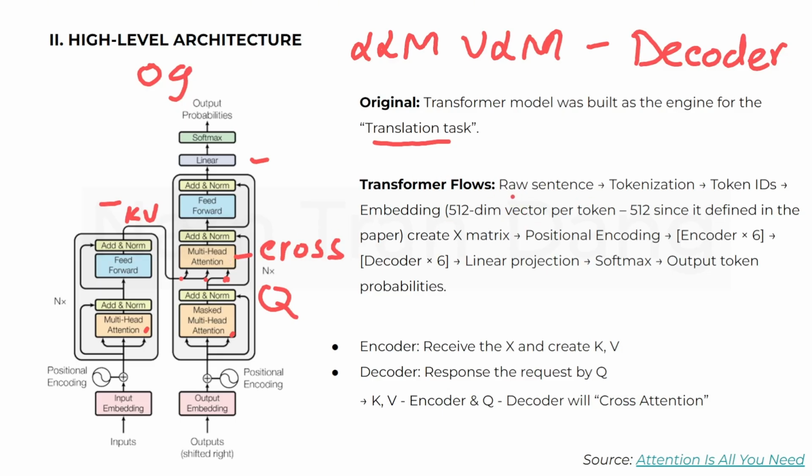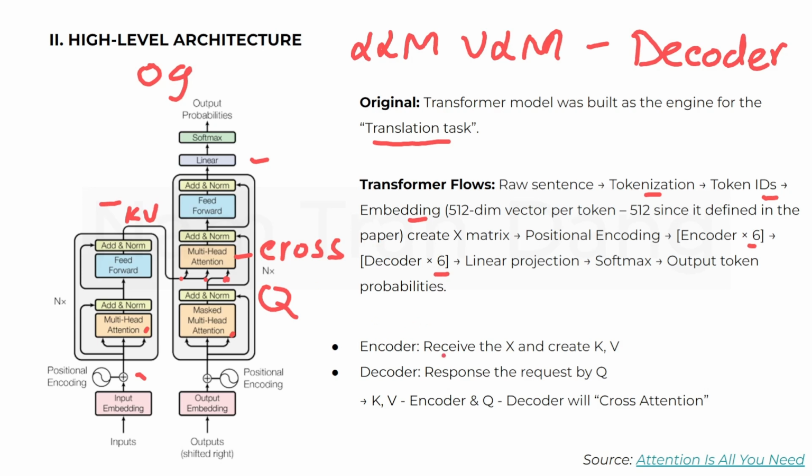First, we pass in the raw sentences, and then they are turned into token IDs and embeddings, and in the paper they use 512 dimensions, and also 6 blocks for both the encoder and decoder. After this, X, the matrix, is passed through the positional encoding here, and passes through the blocks, and then outputs the probability.